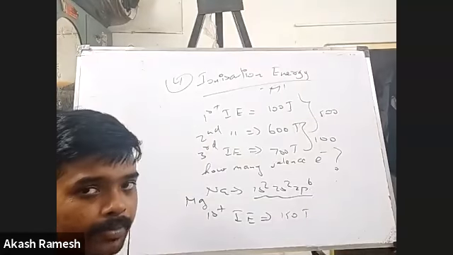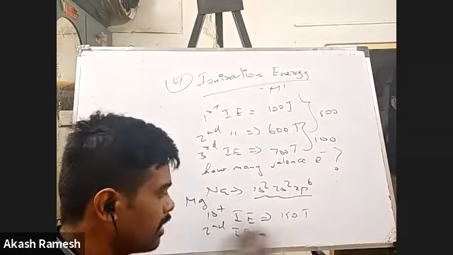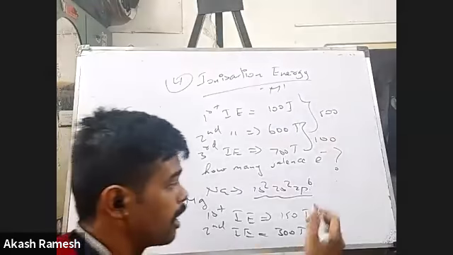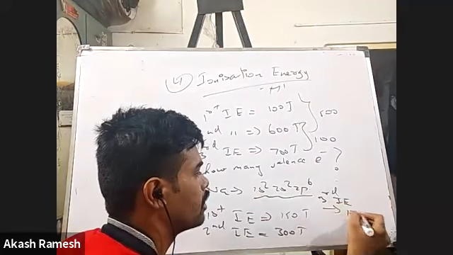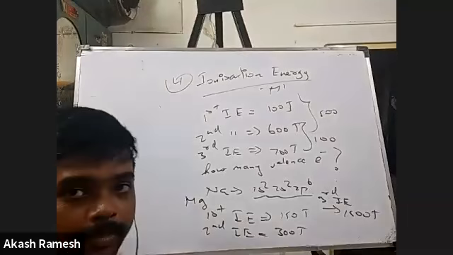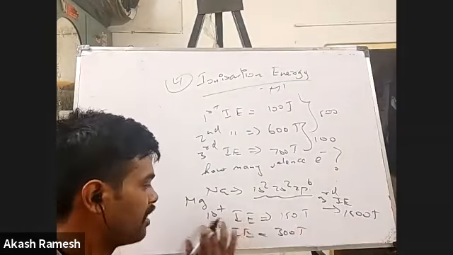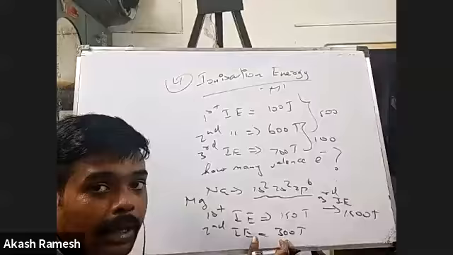Now the second ionization enthalpy would be some 300 joules. But the third ionization energy will be around 1500. After the first ionization energy, it forms Mg plus. After the second ionization energy, I form Mg2 plus.